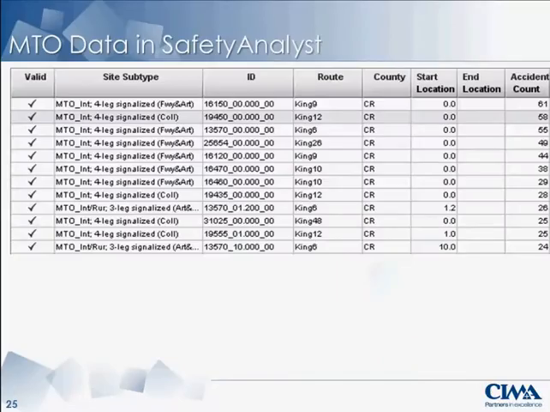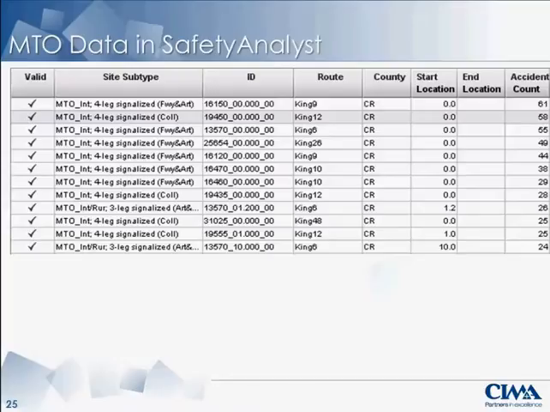Okay, so as part of this, these are snapshots from the data in Safety Analyst, just for you to have some feeling about this software. These are subtypes. So these are the different categories of data, intersections, road segments.